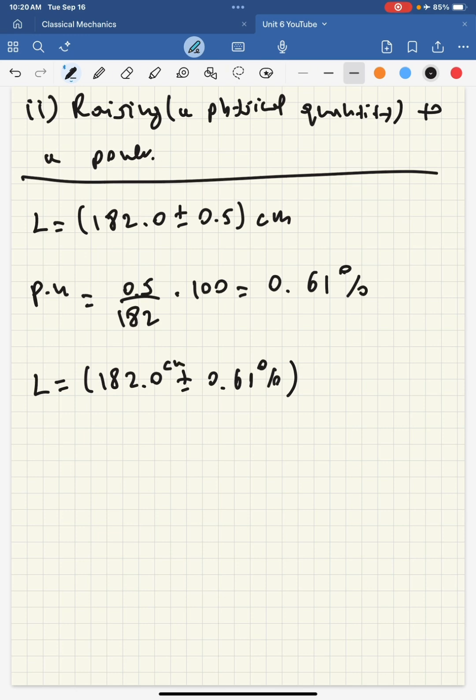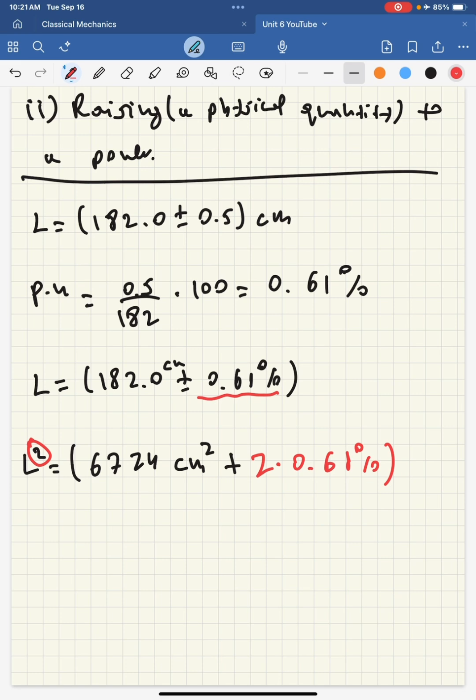Then L squared is simply 182 squared, which gives you 6,724 centimeters squared, and you multiply the percentage uncertainty of your initial measurement by the power. The power here is 2, so you multiply 2 times 0.61%.